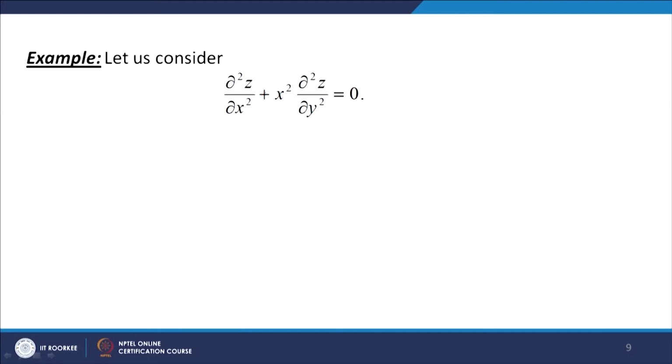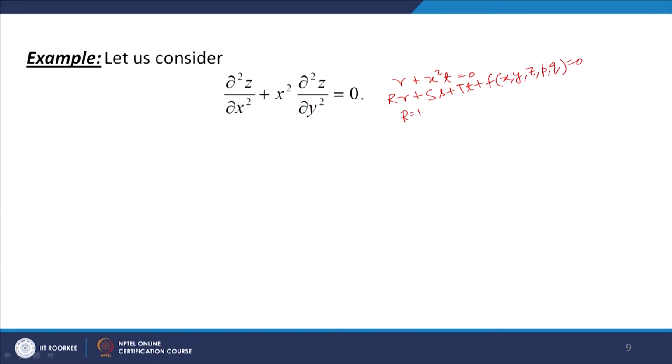So, this is a second order partial differential equation. We have here r plus x square into t equal to 0. So, let us compare it with r r plus s s plus t t plus f of x, y, z, p, q equal to 0. If we compare it with this, what we get?